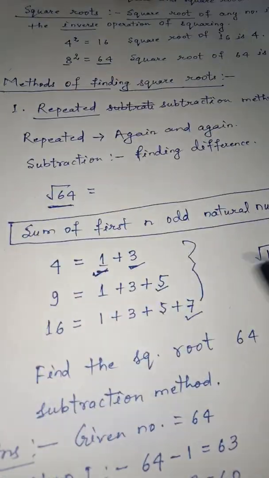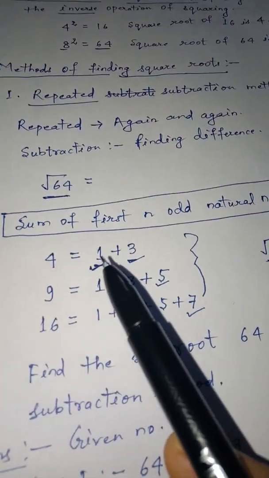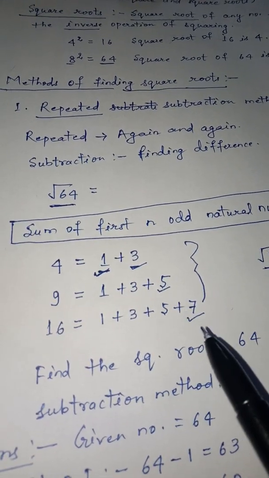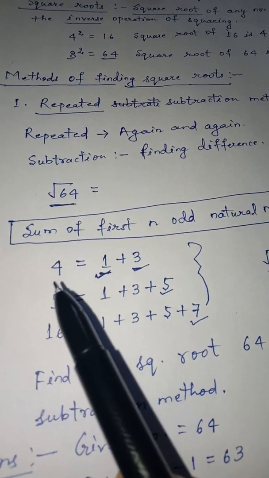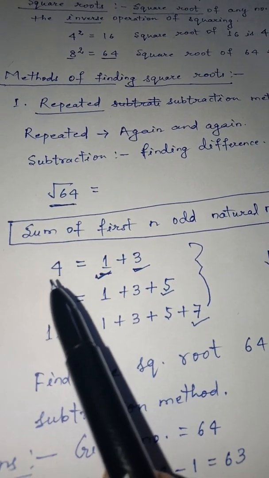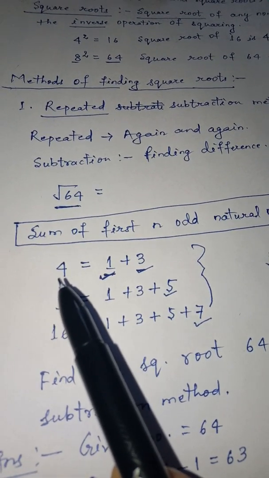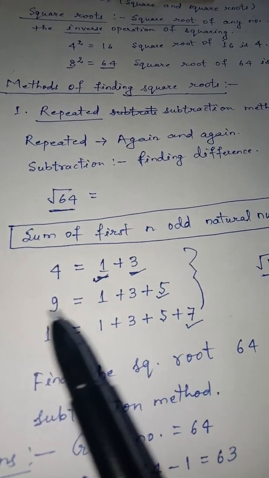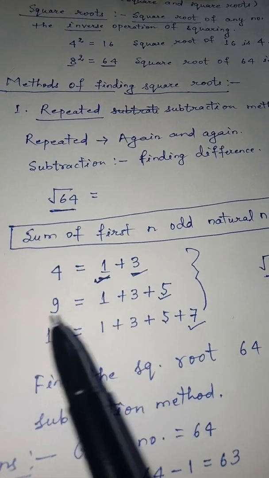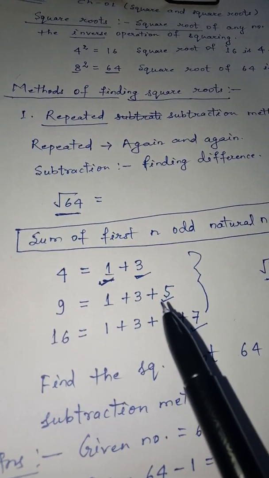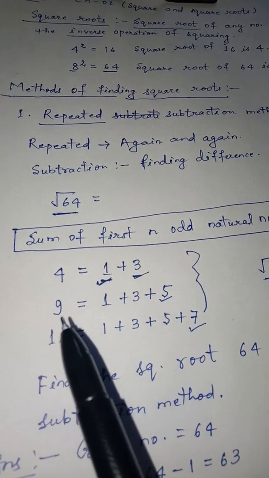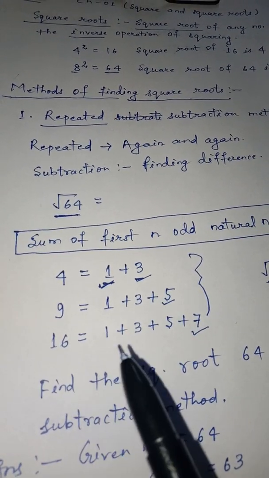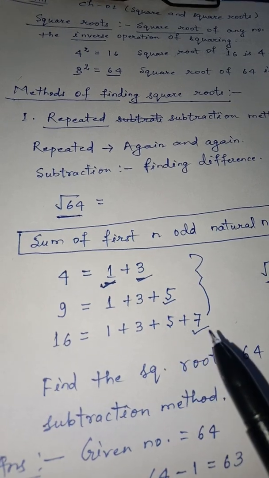This is a very simple method. Firstly, we have to be clear about its concept. Why have we subtracted 1, 3, 5, 7? Because for the square of 2, the first square number 4, we added 1 plus 3. After that 9: 1 plus 3 plus 5. After that 16: 1 plus 3 plus 5 plus 7.